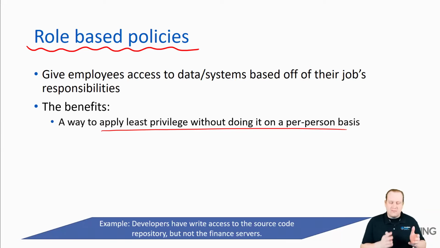We give him a saw, a hammer, and nails, but we don't give him anything past that because he doesn't need anything past that. And anything beyond that creates possible attack vectors. So we're limiting what we give people, but instead of doing it per person, we're doing it per role, per job title, basically.